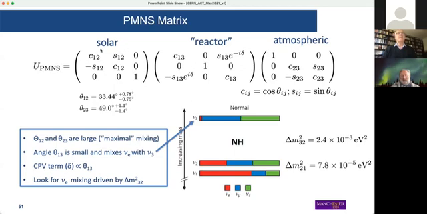This is often called the solar part because this is the part of the matrix which dominates for solar oscillation. This one is often called the atmospheric part of the matrix because it is dominated by atmospheric oscillations. The one we haven't looked at in detail so much is the part in the middle.